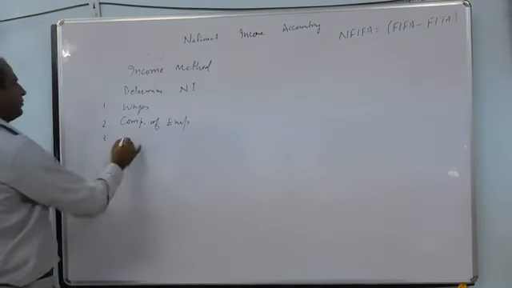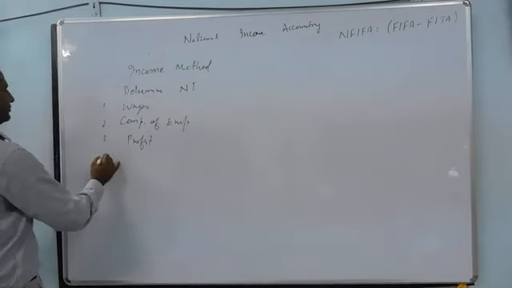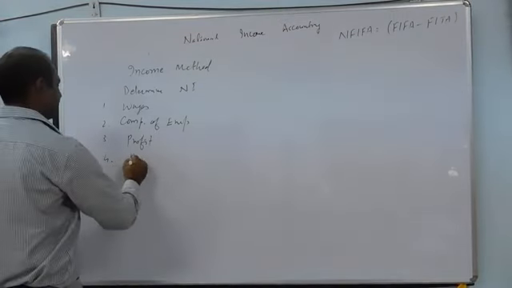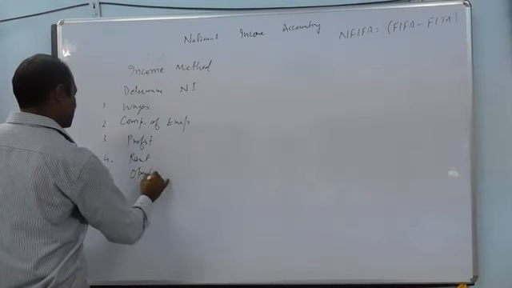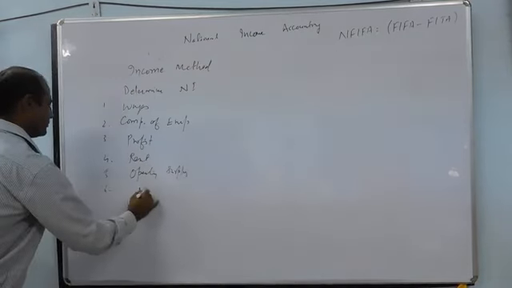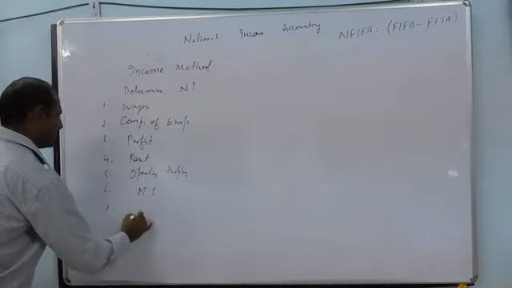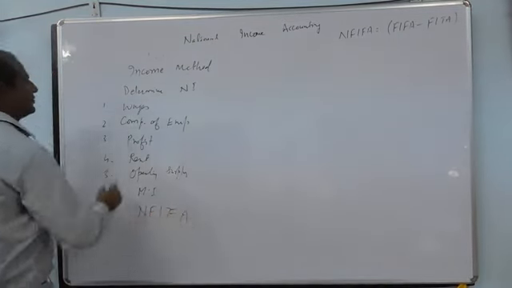Number 3, profit. Number 4, rent. Number 5, operating surplus. 6, mixed income. 7, net factor income from abroad.